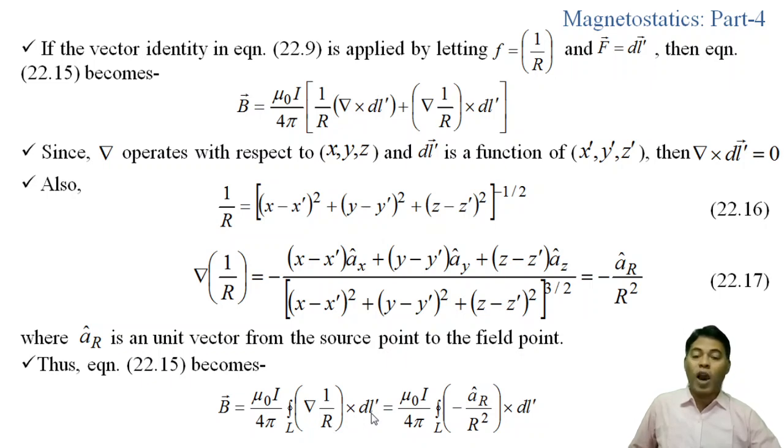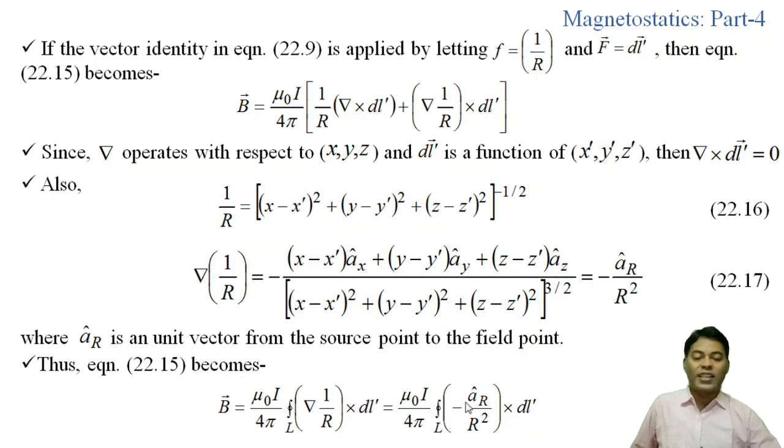As I told you earlier, at the start of this lecture, we can prove that grad (1 by r) equals minus a_r by r squared. This is a simple calculation from equation 22.16 to 22.17. So grad (1 by r) can be replaced by minus a_r by r squared.